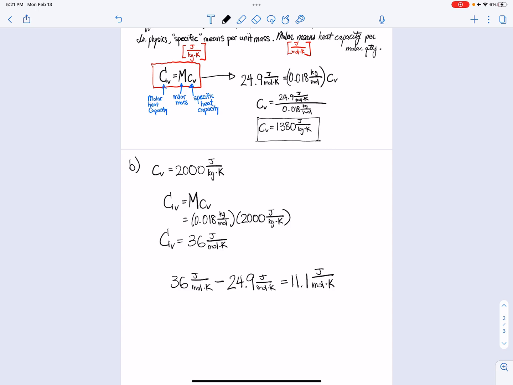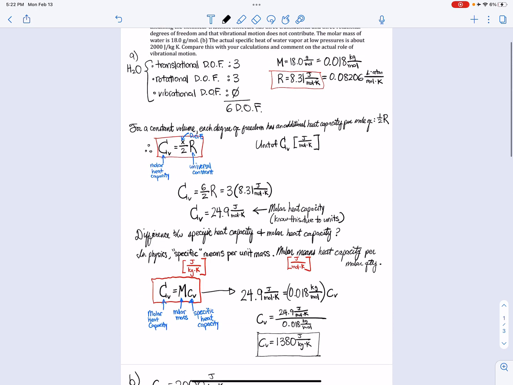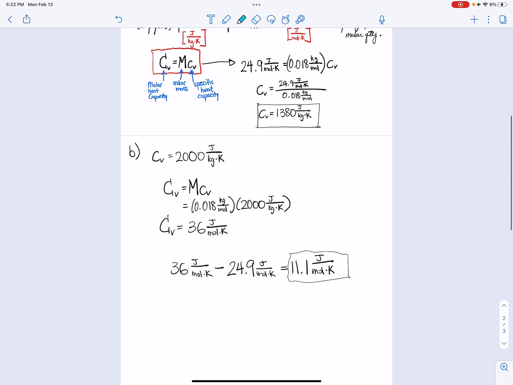So this is a difference in molar heat capacity. And again, I know that for a constant volume, each degree of freedom has an additional heat capacity per mole of 1/2 R. So I'll use that formula again to find x, the number of degrees of freedom.